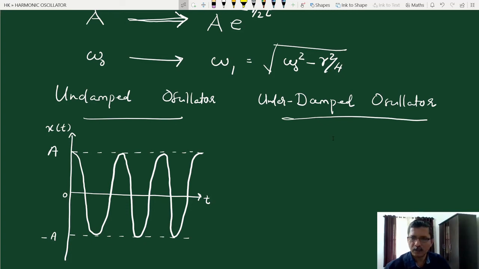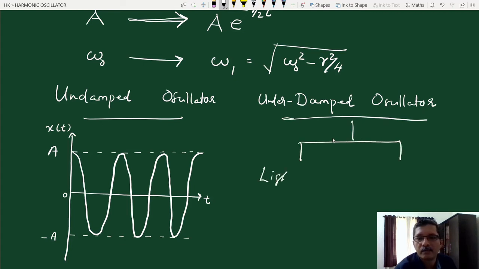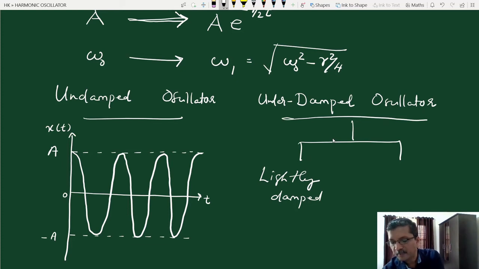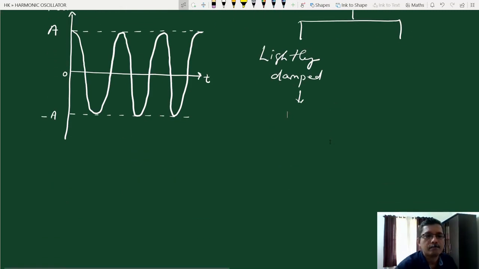Now let me consider two further cases. One is lightly damped. Gamma square by 4 is less than omega 0 square, but in the lightly damped case, it's very small compared to omega 0 square.